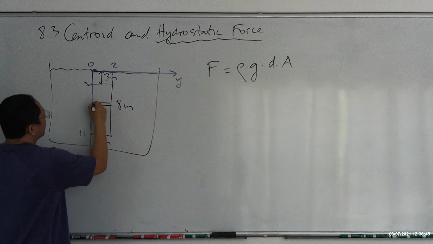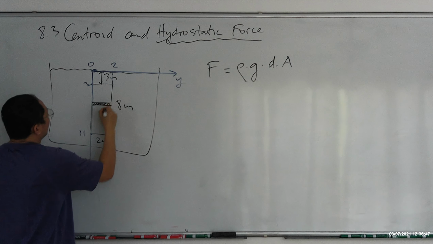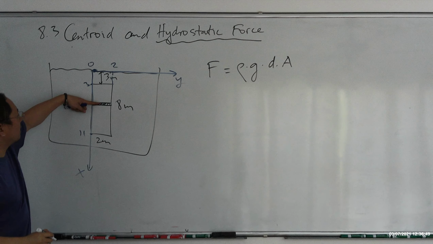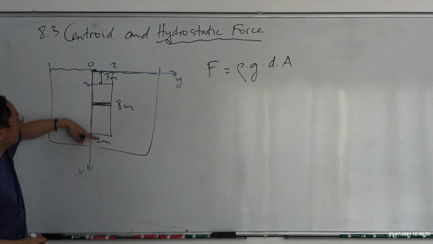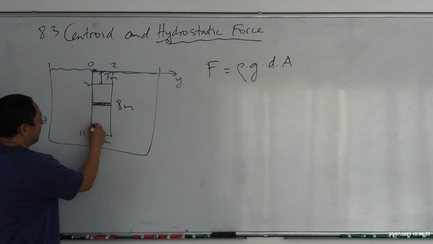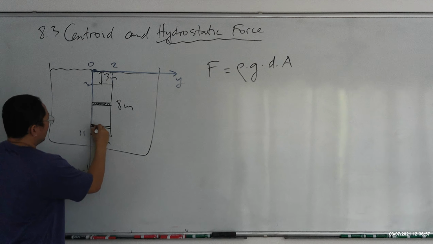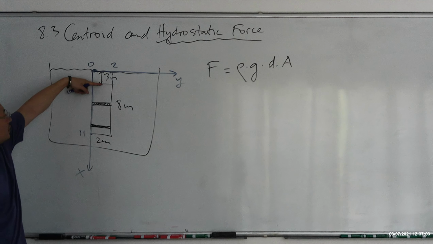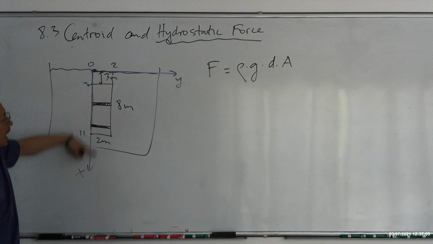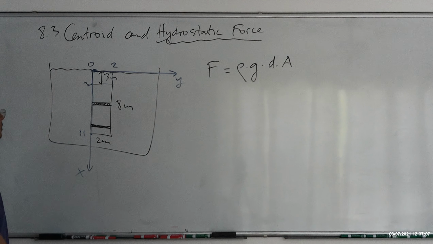We want to chop it up into many horizontal little slices, and we're going to calculate the force applied to that little slice only. Because the deeper you move, say down here, that horizontal plate right here is gonna get more force because it's deeper in the water. Just calculate the force applied to one horizontal slice. We add all the forces together, we have a total force.